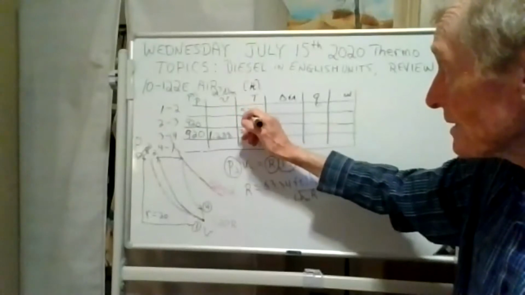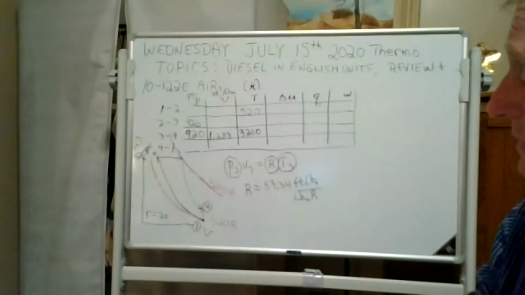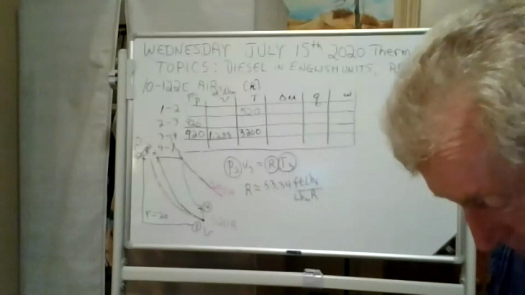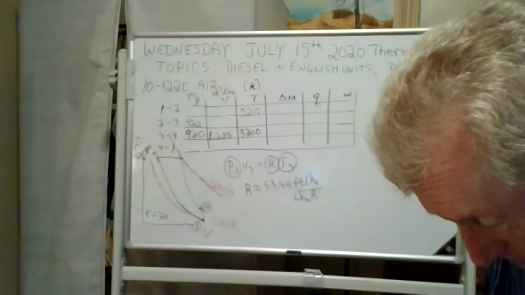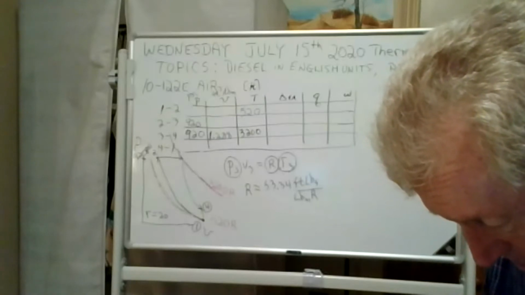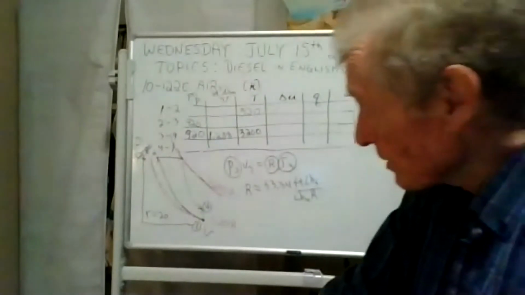So let's put that in. That helps. But we don't know P1. And we don't know V1. Too bad. But every little bit helps. Let me read this again here. Okay. Well, I don't see anything obvious. But that was a good suggestion, Spencer. Anybody else got any bright ideas?